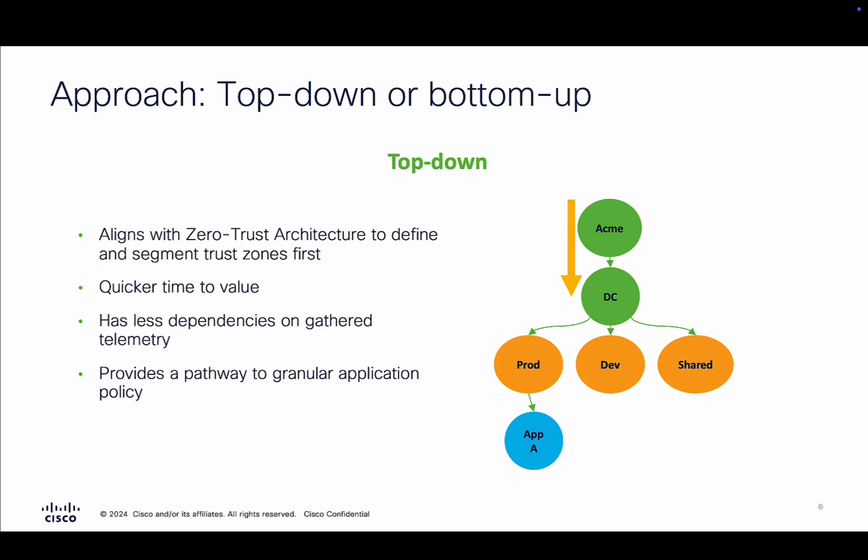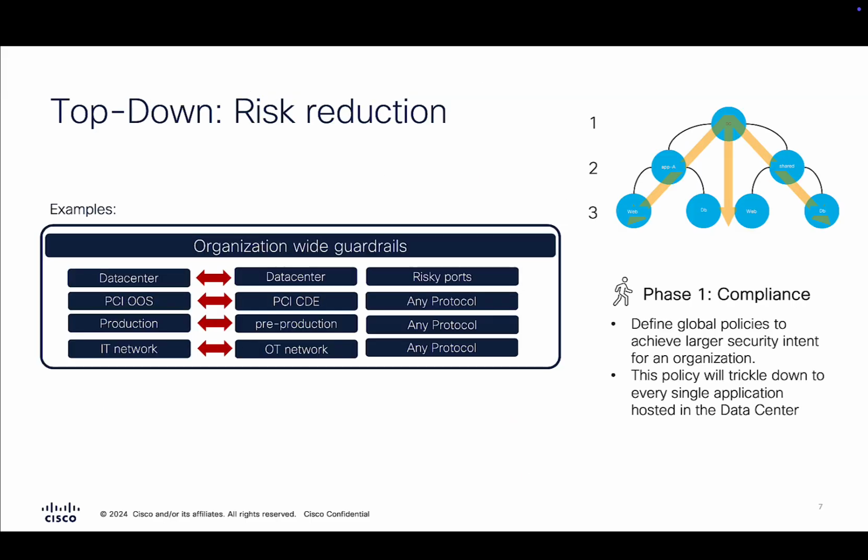So the idea is to realize value sooner and not get stalled by inter-team collaboration obstacles and whatnot, but start from an enterprise-level security strategy, right? So let me show you what examples of that top-down approach would look like.